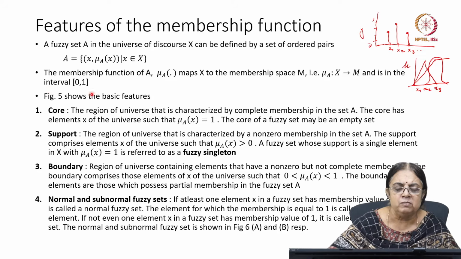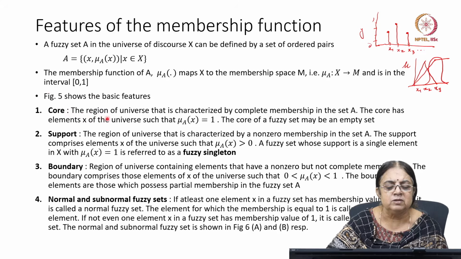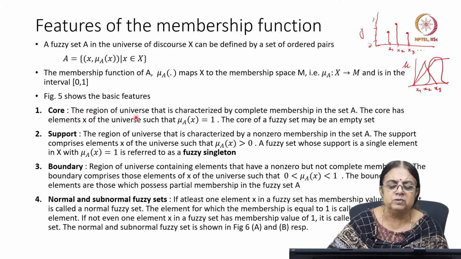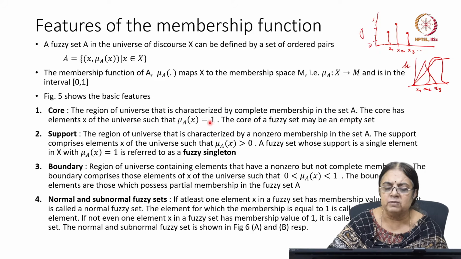First of all, you have what is called the core of a membership function, the region which has full membership. All those elements where the membership is equal to 1 are called the core. The core could also be an empty set.